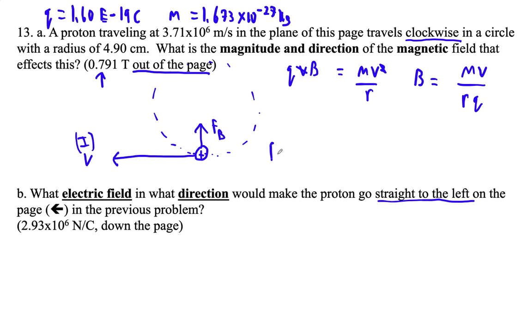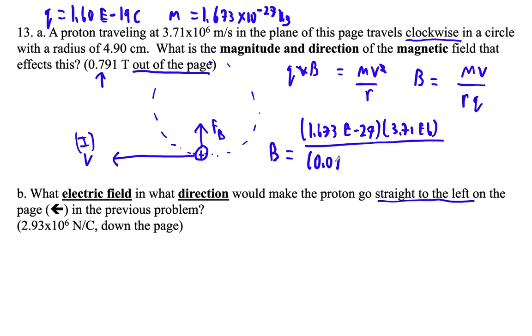Okay, so my magnetic field is going to be 1.673 E minus 27 times 3.71 E6, divided by, what's the radius? 4.9 centimeters, so 0.049 meters. And then the Q is 1.60 E minus 19.